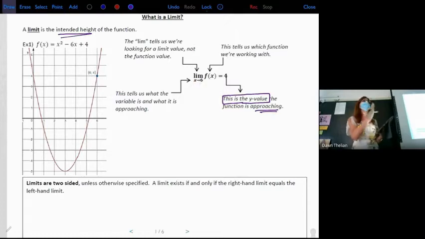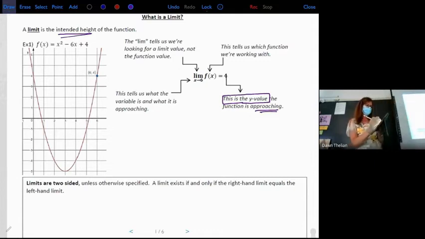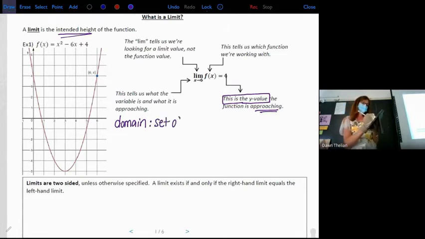So let's remind ourselves of some vocabulary. In this white space, we're going to fill in the definition of domain. That's the set of x values where f of x is defined.